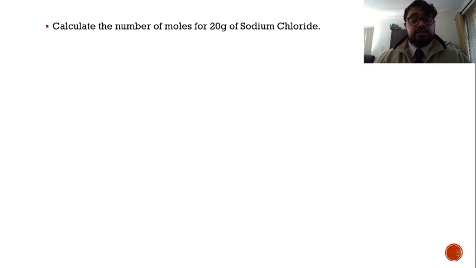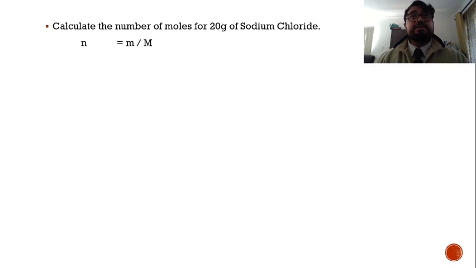Now we have to calculate the molar mass. Number of moles equals mass over molar mass, and please write your formula, otherwise you don't get any marks in your test or exam. Write the formula so that the examiner knows what you're doing.